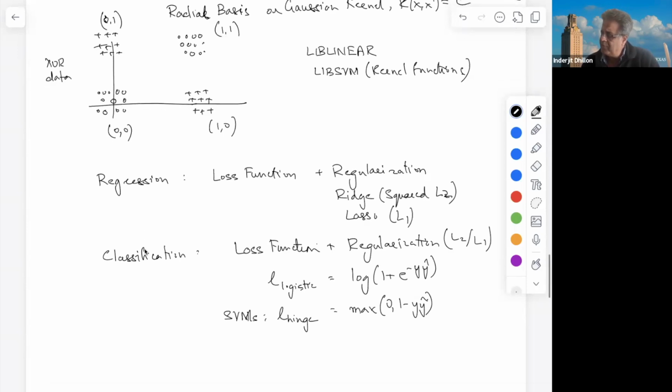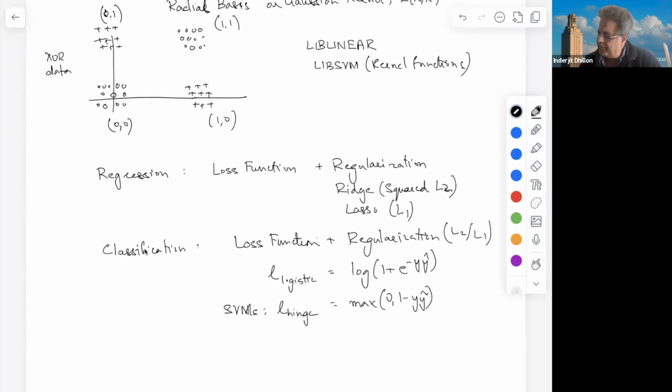Okay. And this comes from the observation of the psi i's, right? So if x_i is correctly classified, then psi i equals 0. If not, it is psi i. Okay.